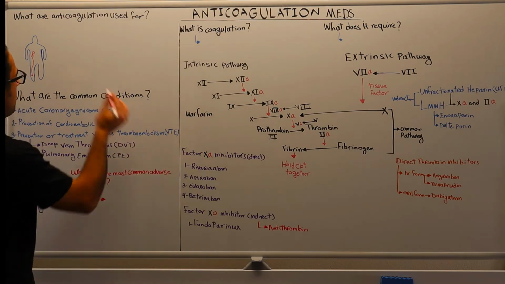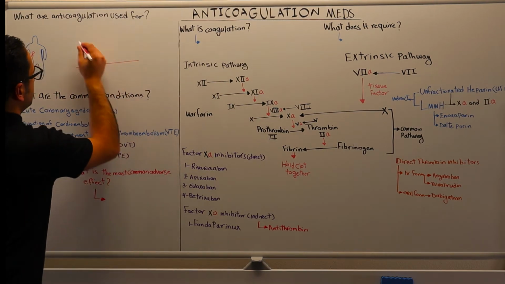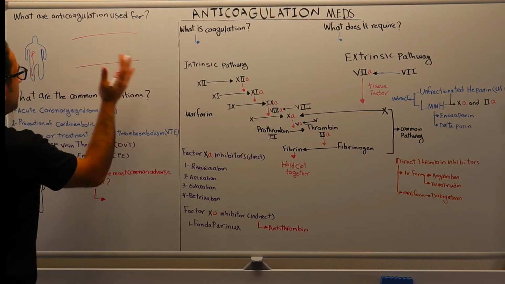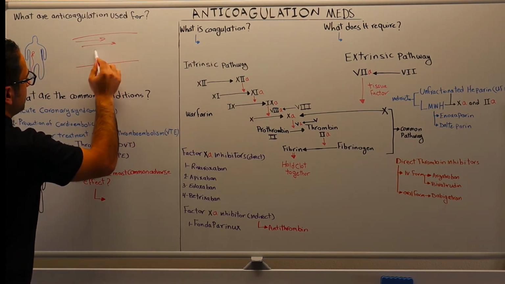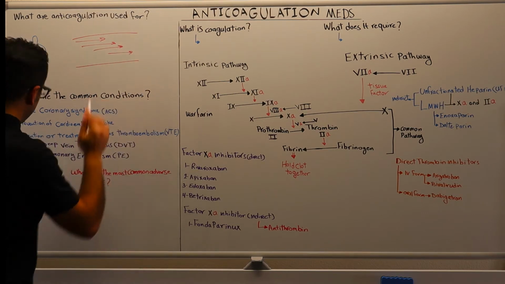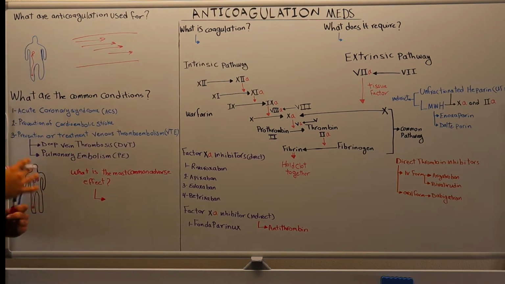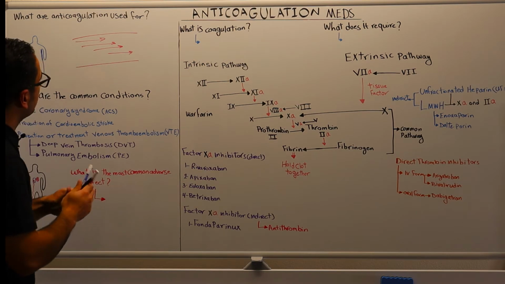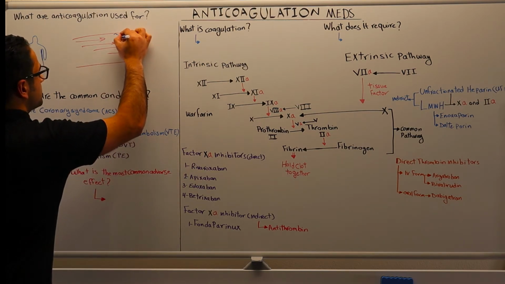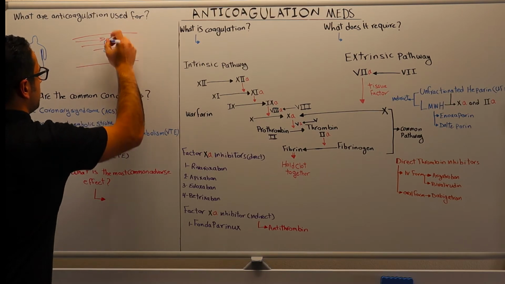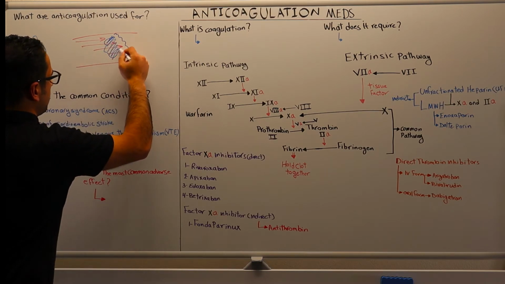So let's say we have a blood vessel. This blood vessel is in the heart, and blood travels through these blood vessels. However, now due to the clot that has formed in the heart, let's say we have a clot in there, and this clot has taken this shape, and it's basically covering this whole area.